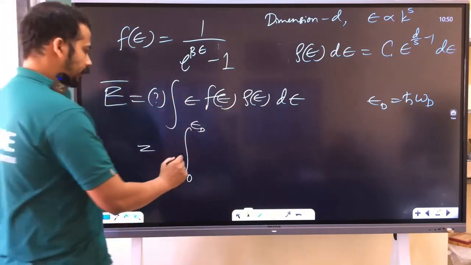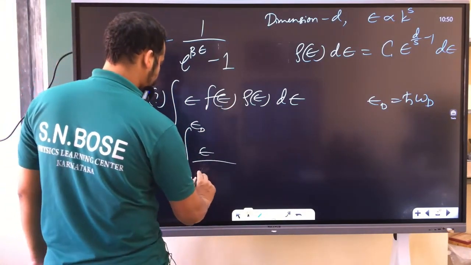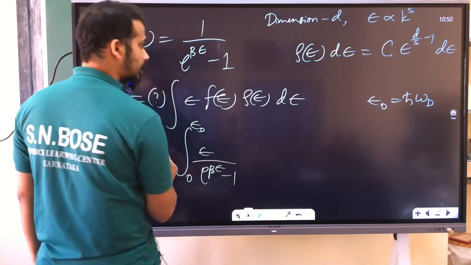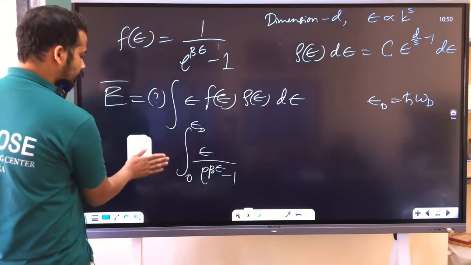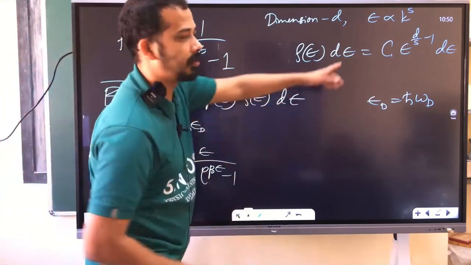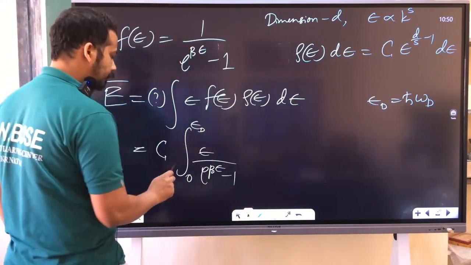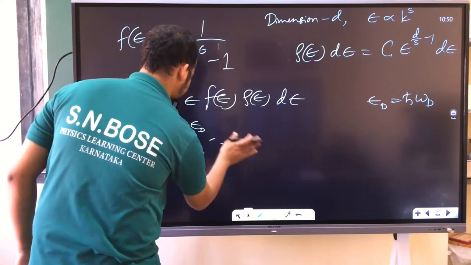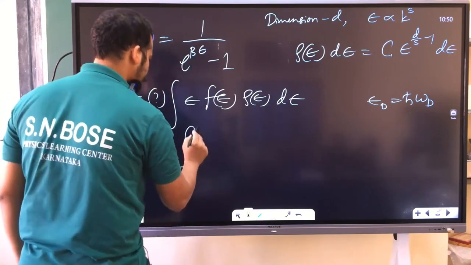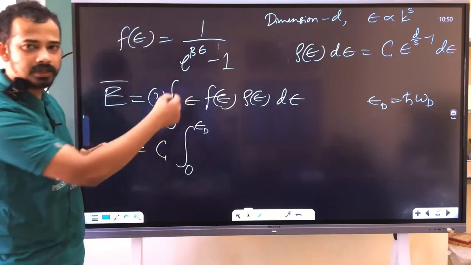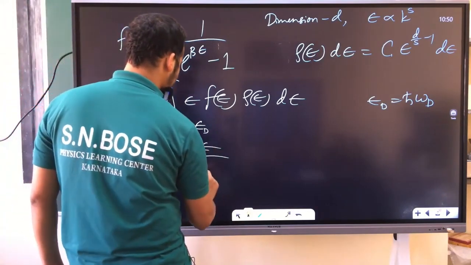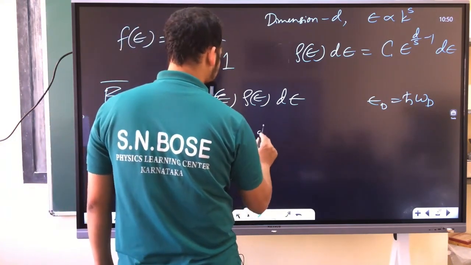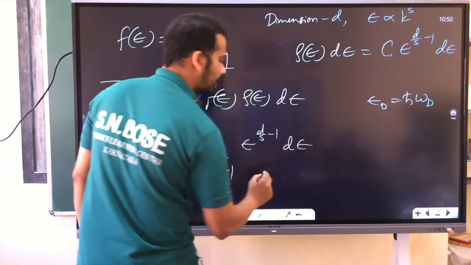So the average energy is a constant (containing the volume or area) times the integral from 0 to E_D of E/(e^(βE) - 1) times E^(d/s - 1) dE.